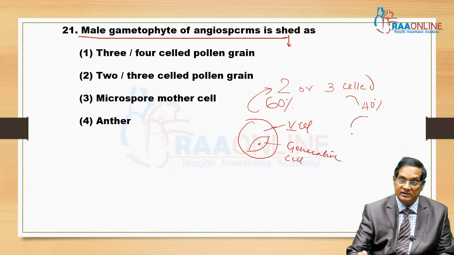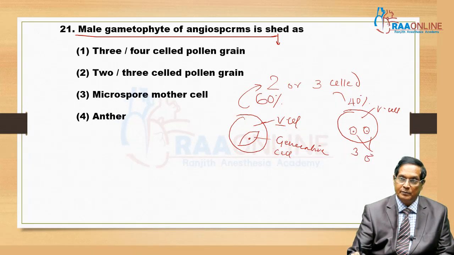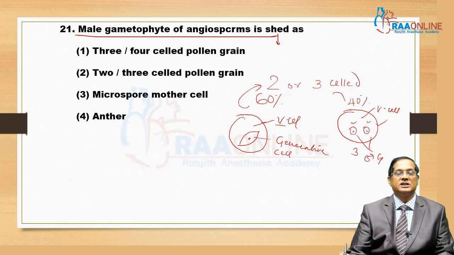If it is released in the 3 celled stage, then this is the vegetative cell and 2 male gametes, which are formed from the generative cell. So count number 1, number 2, number 3, that is the 3 celled stage.